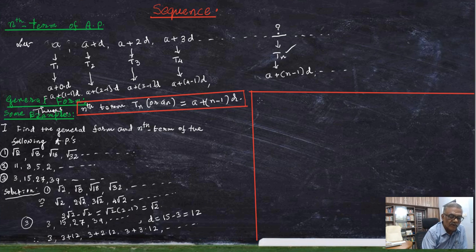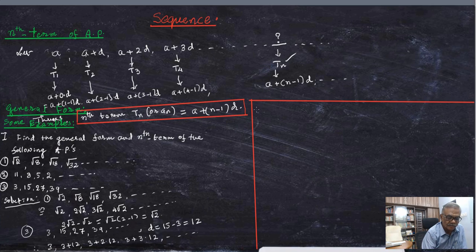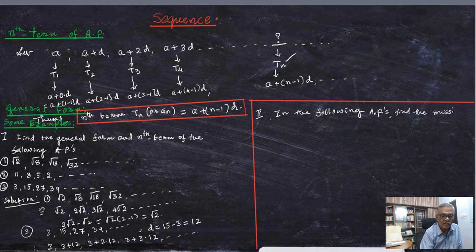Another set of examples I am going to consider. In the following APs, arithmetic progressions, find the missing term in the boxes.